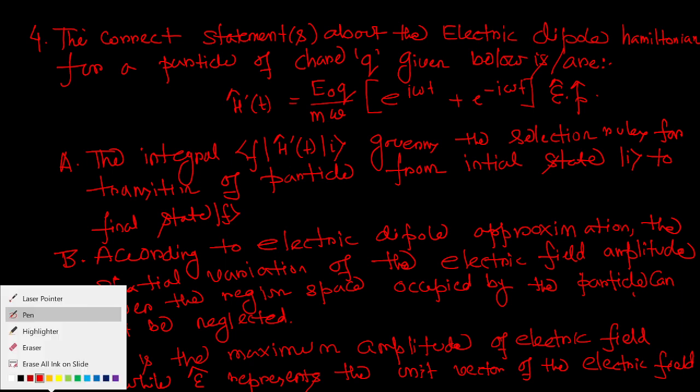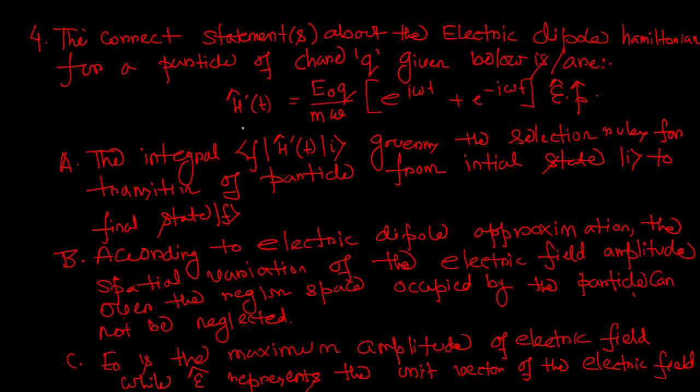So why did we derive it? Because we have to evaluate H comma t, to check whether it is capable of exciting a particle from the i state to the f state. So the integral f H comma t i governs the selection rule. That is correct. Now according to the electric dipole approximation, the spatial variation of the electric field amplitude over the region of space occupied by the particle cannot be neglected.